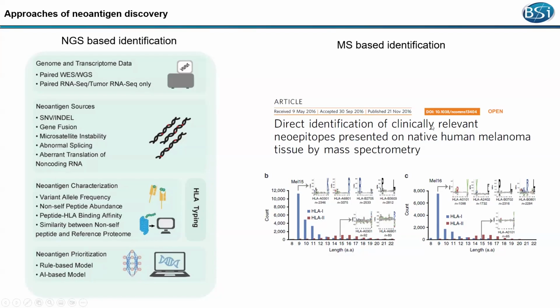It involves isolating and analyzing peptides that are actually presented by MHC molecules on the surface of tumor cells. The isolated peptides are then analyzed using mass spectrometry, and this method provides direct experimental evidence of the actual neoantigens being presented by the MHC molecules.